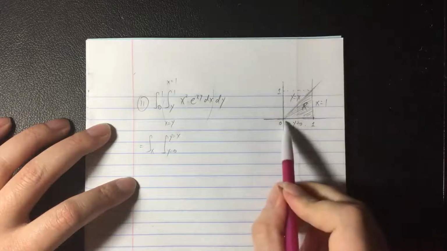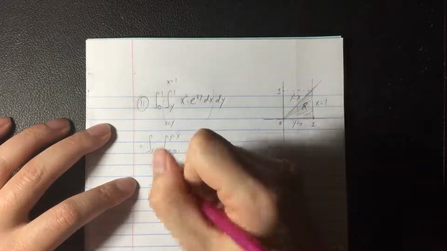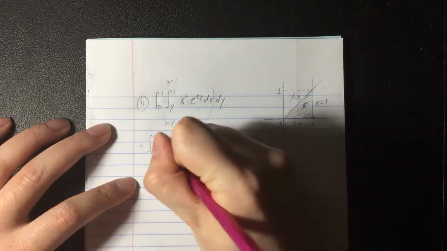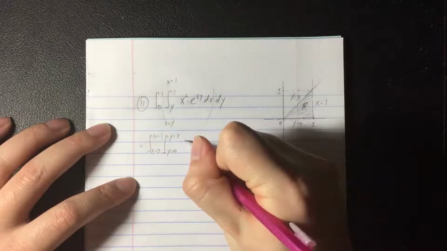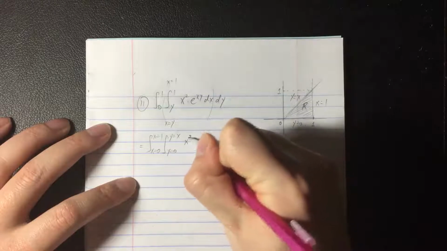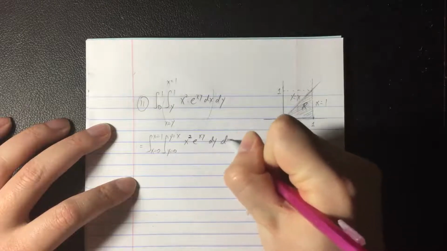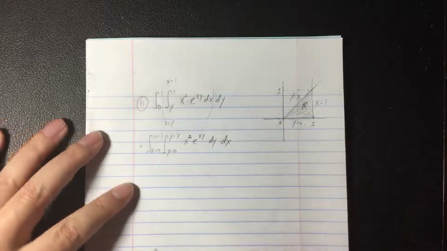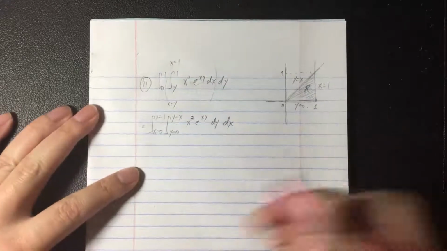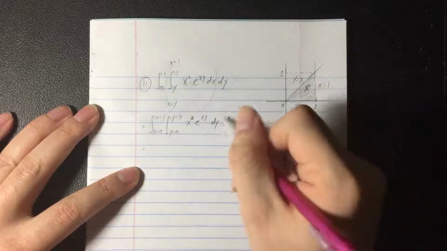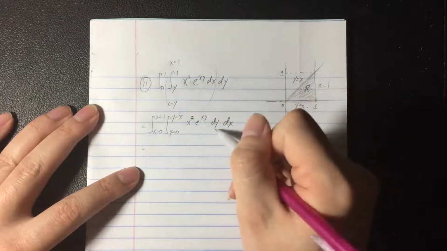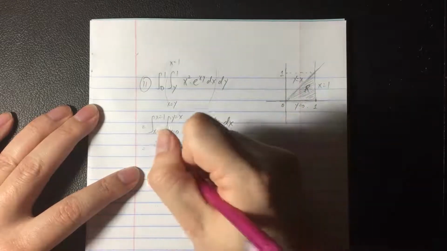I have a line segment from 0 to 1. So x varies from 0 to 1. Integrand stays the same. X squared e to the power of xy dy dx. And then let's solve it. We take the inner integral first. For the inner integral, take antiderivative with respect to y.